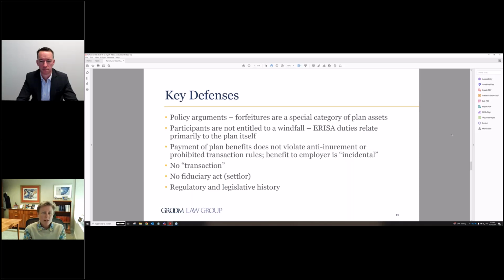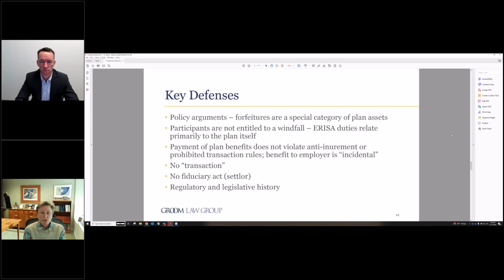So the policy argument and the windfall argument: participants get exactly what they're supposed to get. They pay exactly the expenses that they're allowed to pay under the law, and the employer has the ability to decide to use these forfeitures in this way.